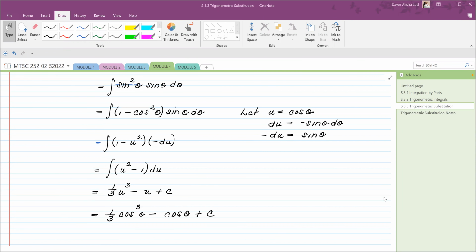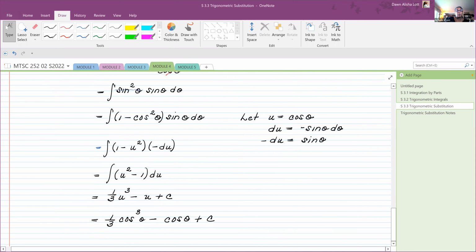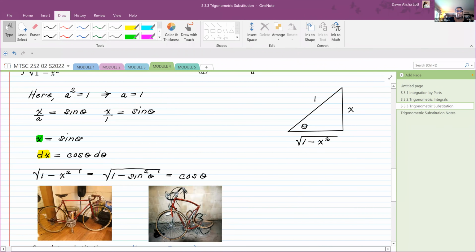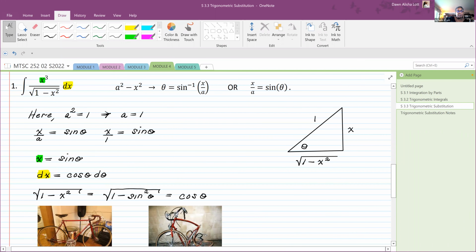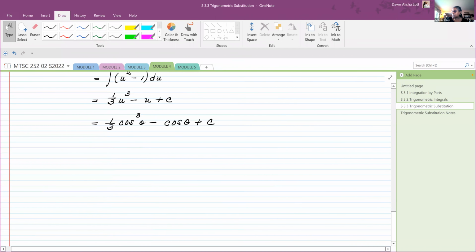Okay. So now I have to go back to theta. So I need to go back to my problem. And when I go back up here, I see that the cosine of theta is the square root of 1 minus x squared. So now I've got to go back to x.